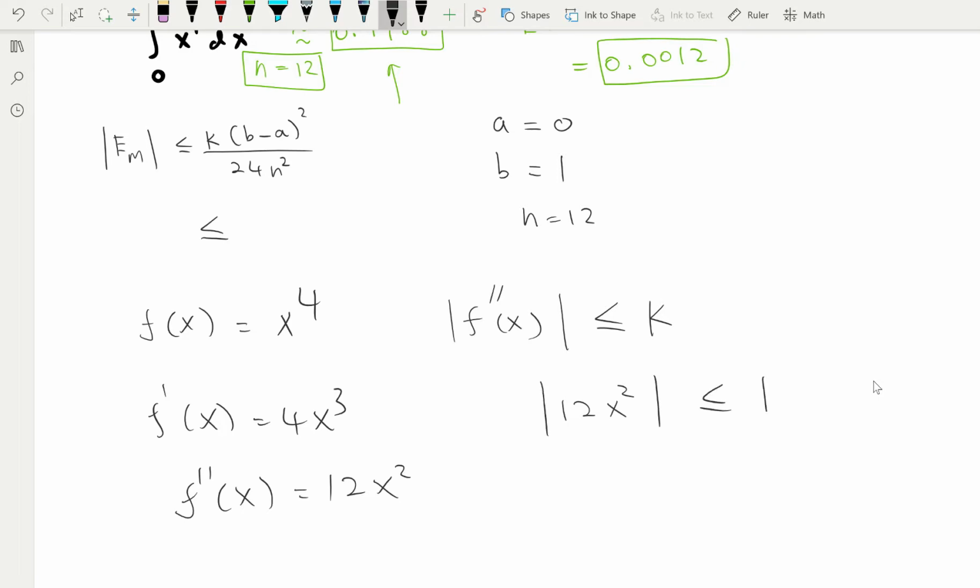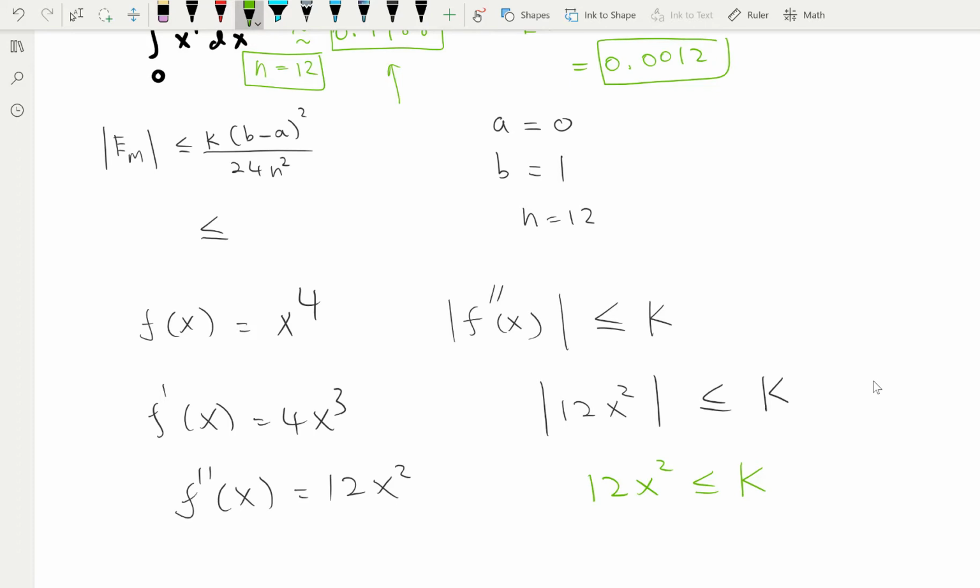You want to find the K value which is larger than the absolute value of 12x squared. Now we can drop the absolute value because 12x squared, no matter what x value you have, is always positive. So you don't need to take absolute values; it's not necessary, it's positive anyway. Now you want to find the maximum of 12x squared.